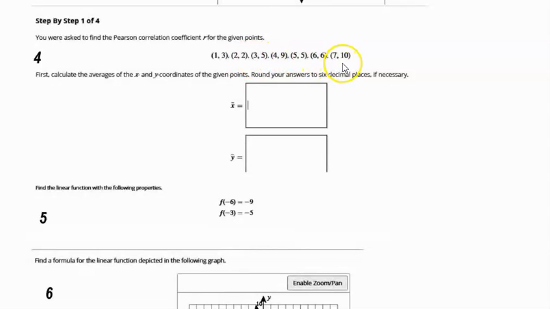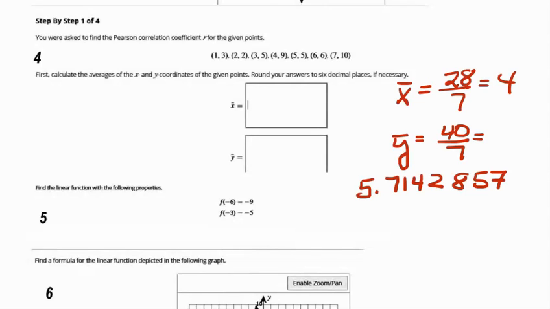You're asked to find the mean. So it's 1, 2, 3, 4, 5, 6, 7. Add that up, and then you're going to divide by 7. And then do the same thing for the y. So this first step is relatively easy, and x bar would be the sum of our x coordinates, which is 28.